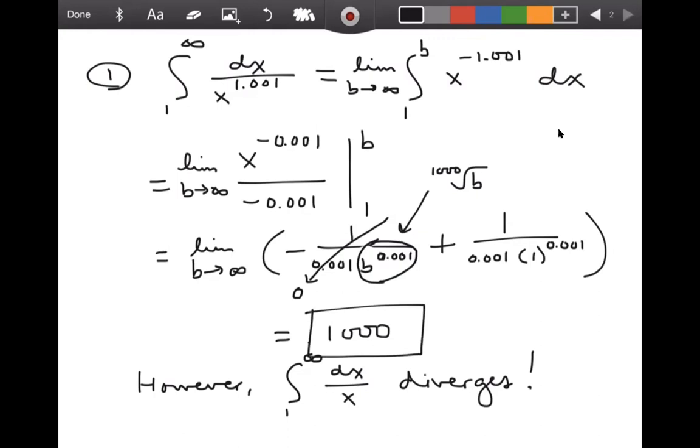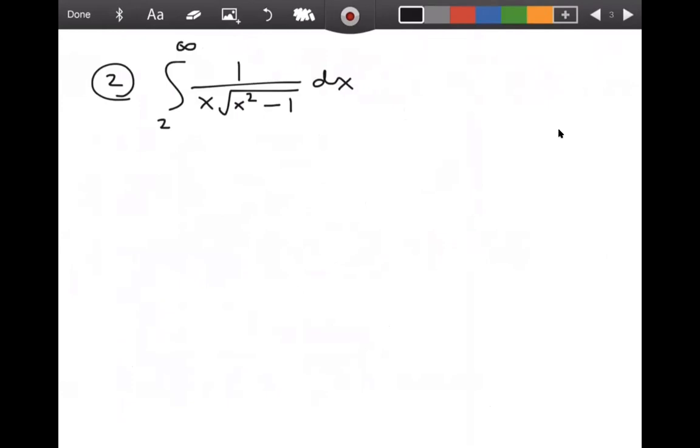Okay, number 2, the integral from 2 to infinity of 1 over x times the square root of x squared minus 1. Okay, so again, we start by writing this as a limit, the limit as b approaches infinity, integral 2 to b.